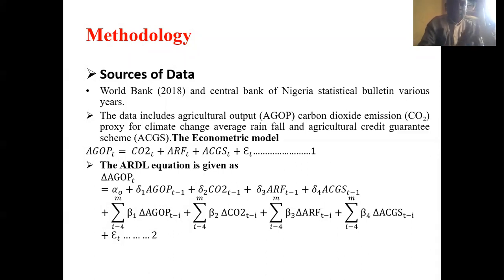These are the variables of the study. The econometric model shows that agricultural output is equal to CO2 emissions plus agricultural credit scheme. That is model 1.